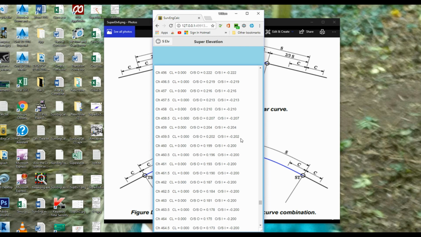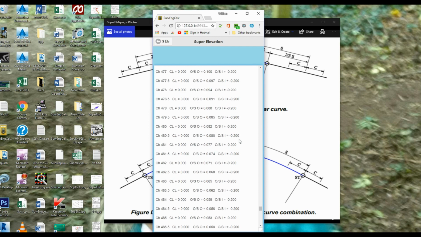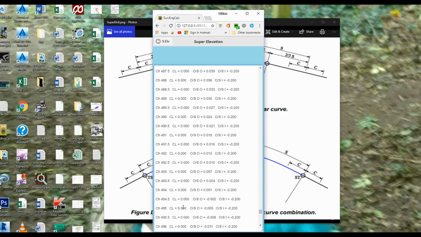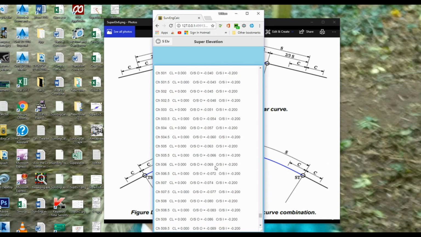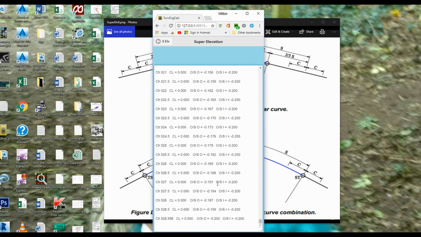And then runoff should be 494.186. 494. It's there. So that's where the road flattens out again, and then we start coming back down to runout, which it should come back down to -2 either side. There we go, and that's it.